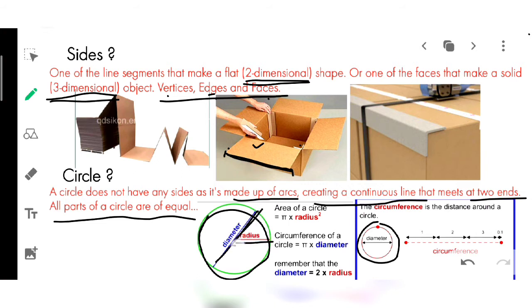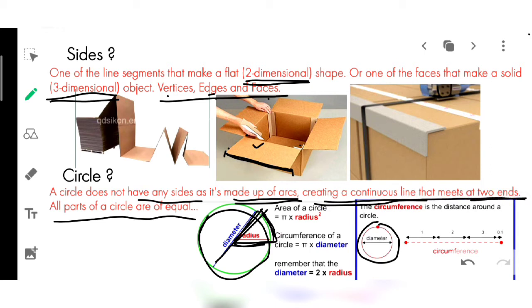When we share this radius of a circle equally, we get a sector, and this arc forms the sector. So the circle is a shape which does not have any sides, as it is made up of arcs creating continuous lines.